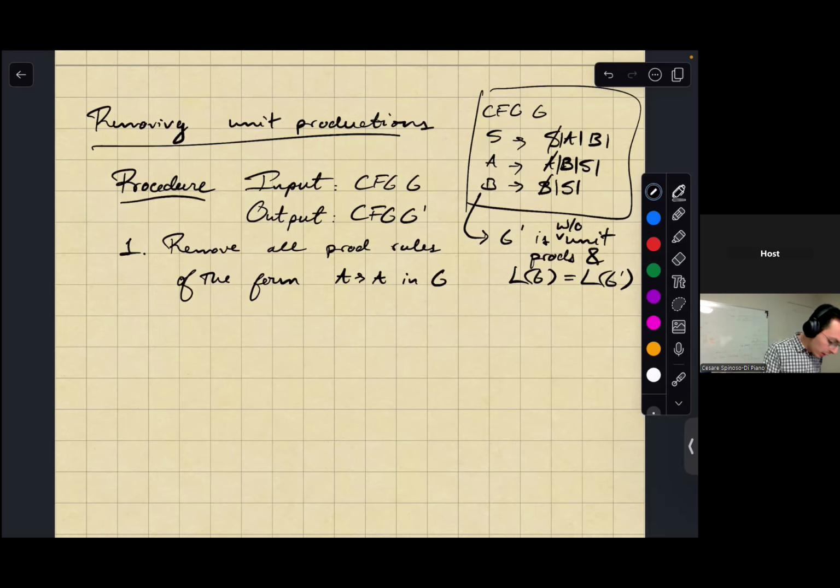Okay. The real first step is to find all variables that are linked directly together via only unit productions.